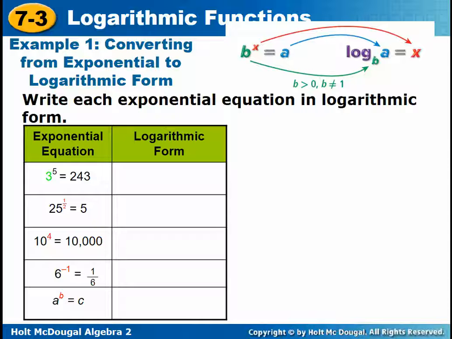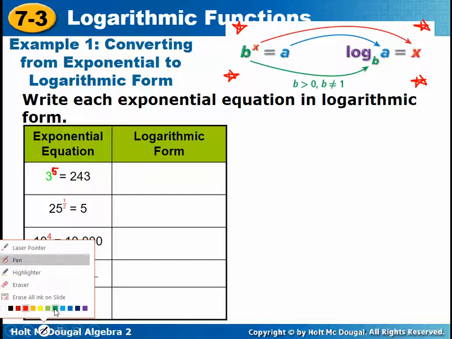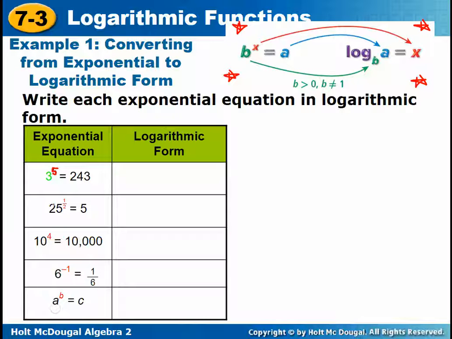So what we need to do is keep an eye on our definition up here that shows us how to go from one to the other. And the more you practice this, the better you'll get. But for the beginning, we'll just keep an eye on this. So the 5 I wrote in red, the rest are in red. And I'm going to put all of the bases, the b's, in green, just so I can look at the color coding.